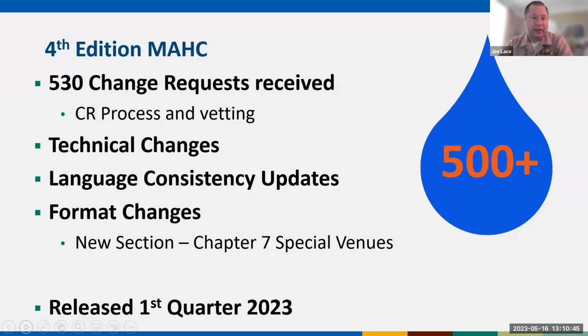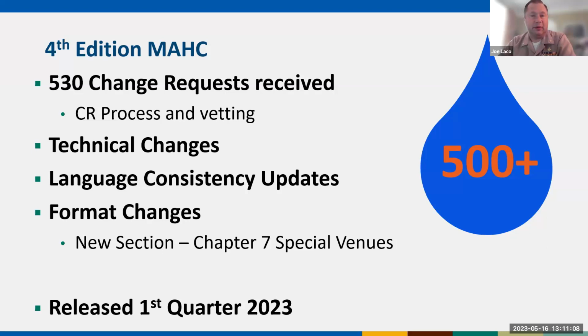Dewey and I were on the technical review committee. I think Michelle was on the technical review committee as well. And we looked at every single one of these, made some decisions on how we felt about that, and presented it to the board of directors and the CMAC membership to vote on those.